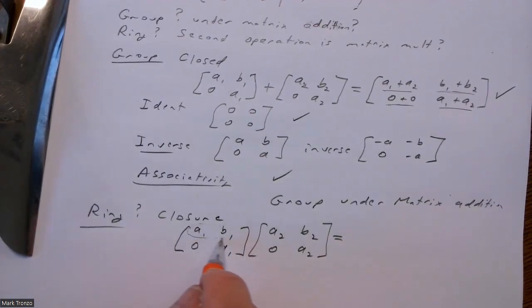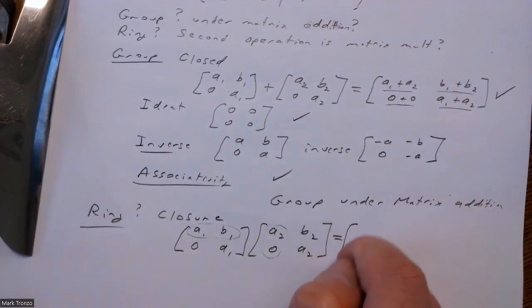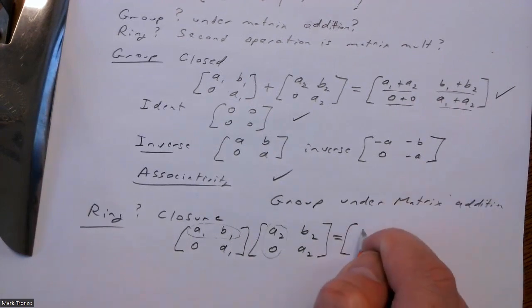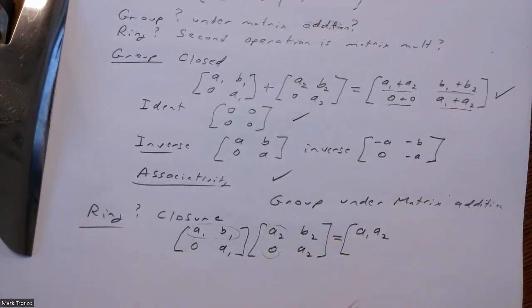It's going to be this row times this column, and that'll be A1 A2 plus 0, because it can be 0 times that, so it's going to be A1 A2.